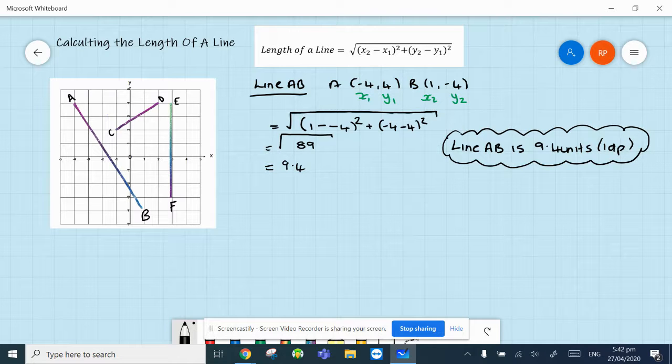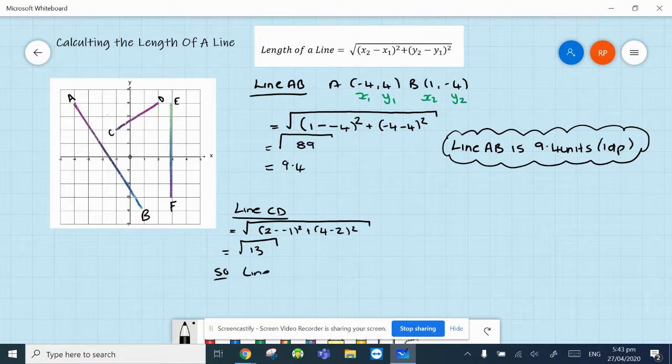Hopefully you paused it, and then you come back to it, and I'm going to quickly do line CD, which you should have got the square root of 2 minus -1 all squared plus 4 minus 2 all squared, which gives you the square root of 13.